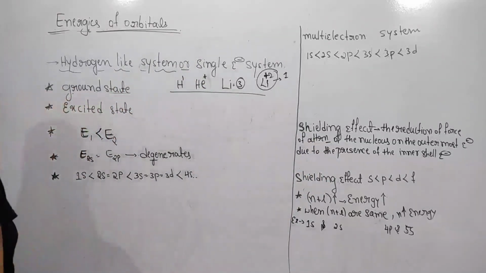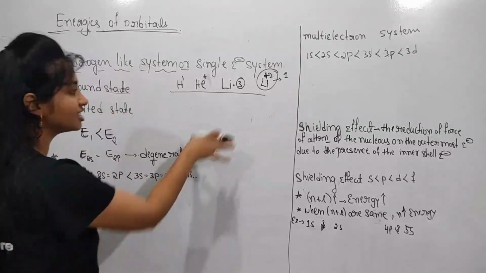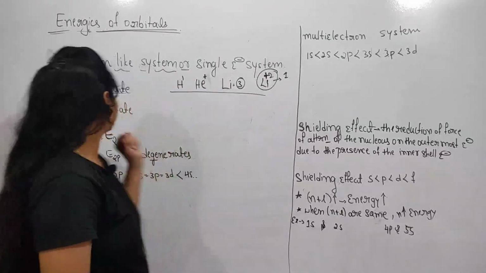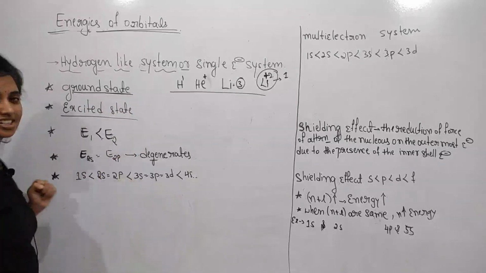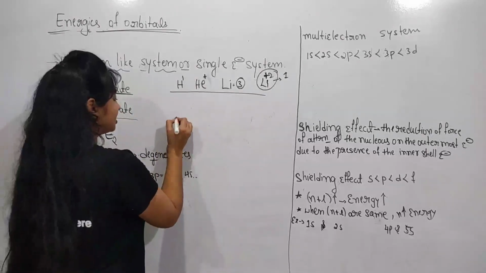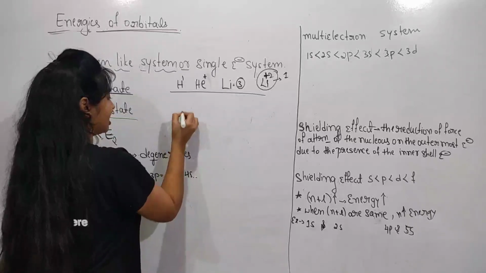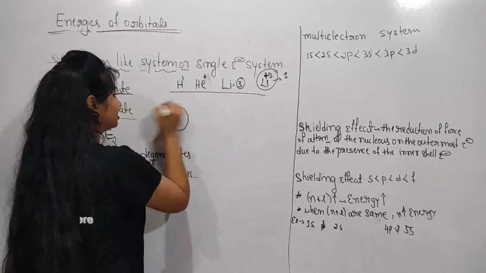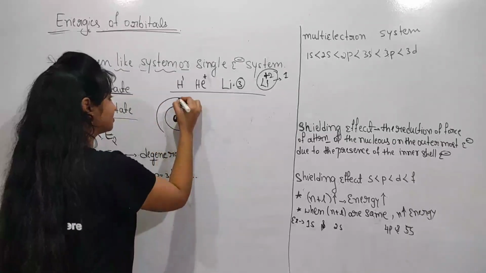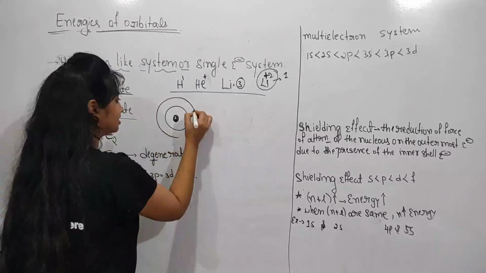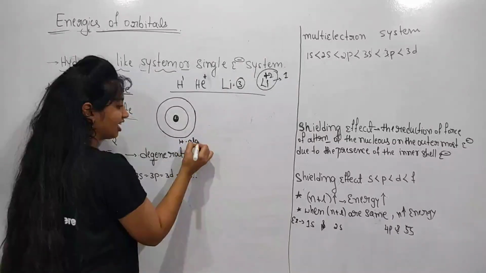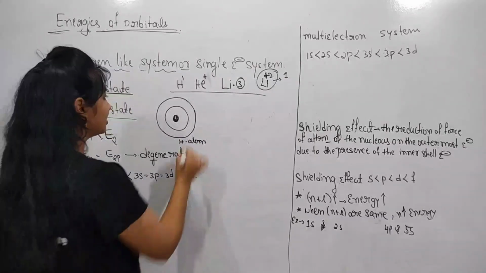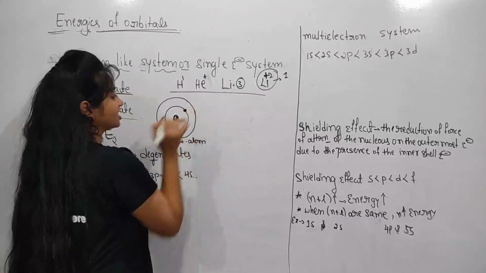Before we look at the energy levels, first I wish to discuss the terms ground state and excited state. See here, this is our nucleus and these are our orbitals or subshells. Just assume that this is our hydrogen atom. We have one electron in the first shell.